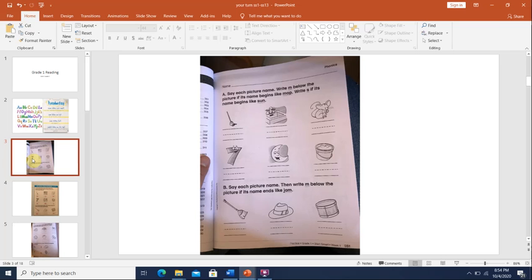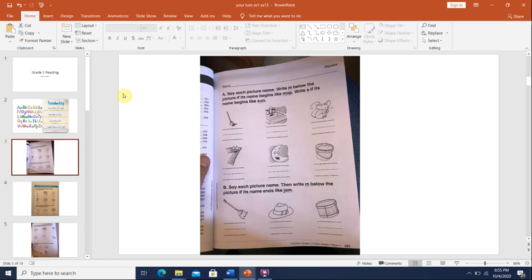If we open to page SS1, which means Smart School 1, we'll be revising 2 letters. Letter M. What sound does letter M make? M. What sound does S make? S. What words begin with M?